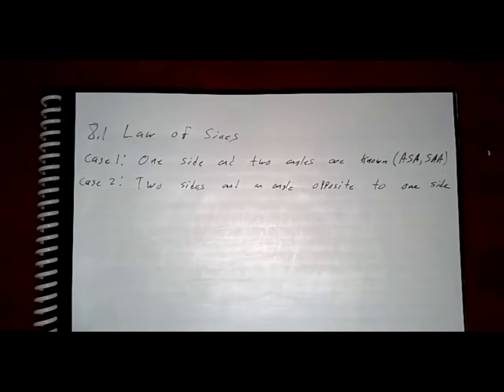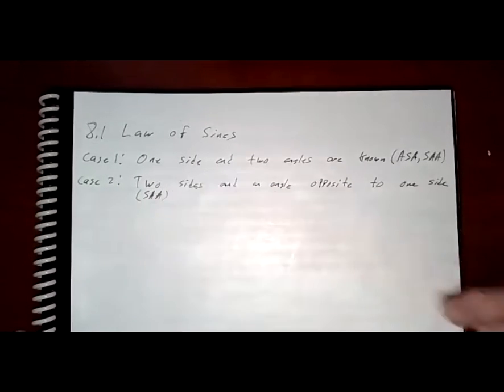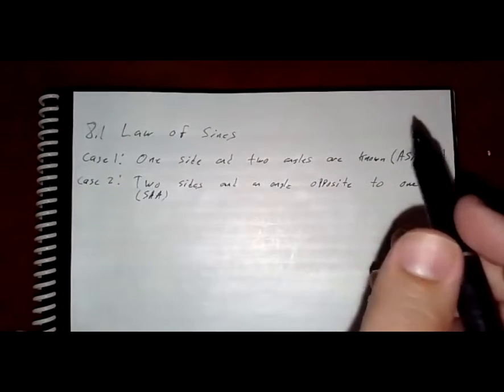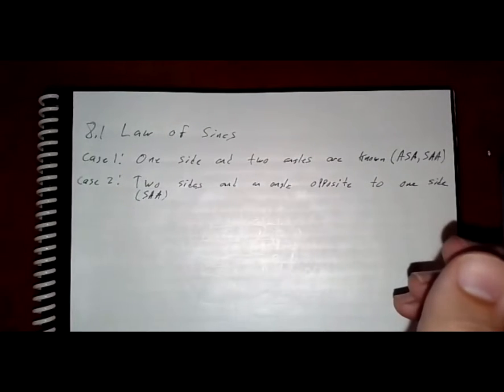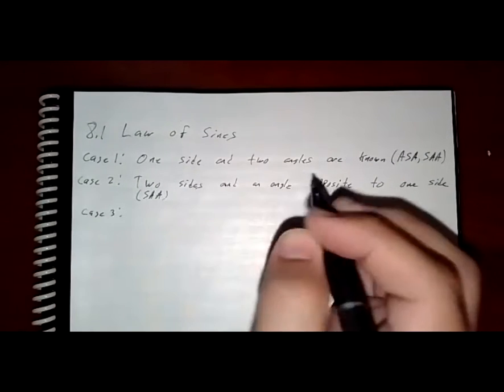Basically, if you have two sides, you have to have one angle opposite to one of them. Otherwise, you can't use law of sines. So if it's side-side-angle, then you're good. You can use law of sines. If you do not, then you have to use law of cosines, which we'll talk about in the next section.